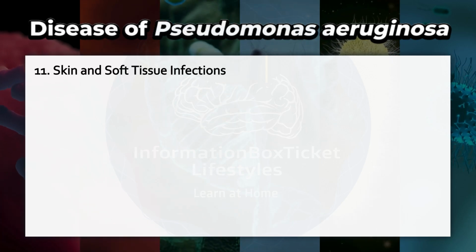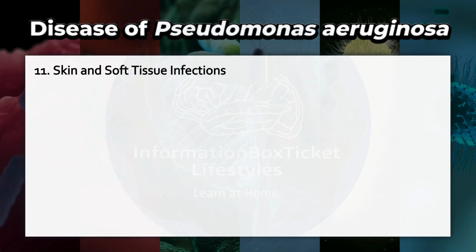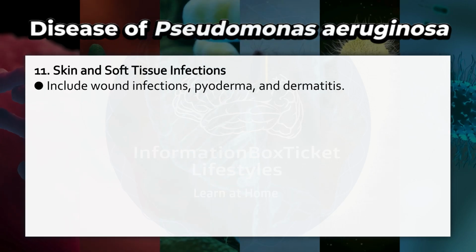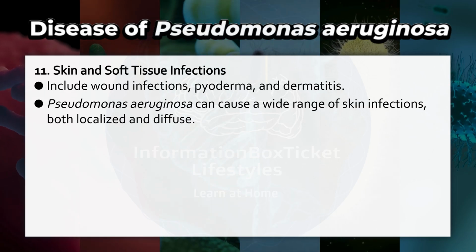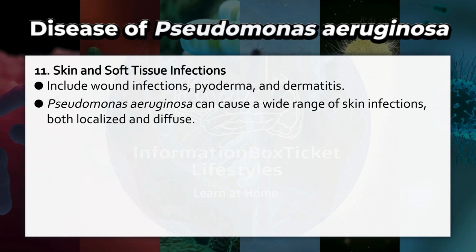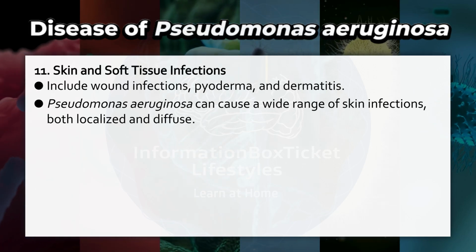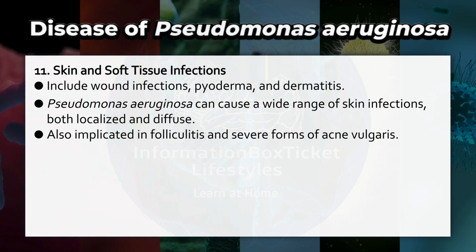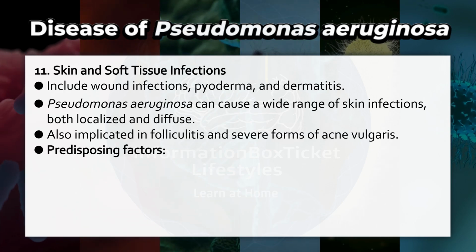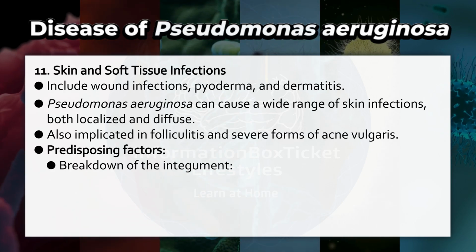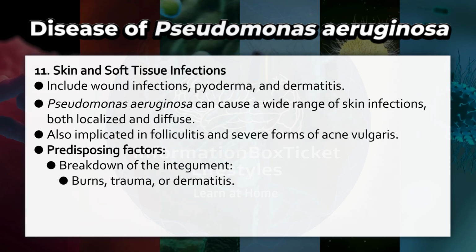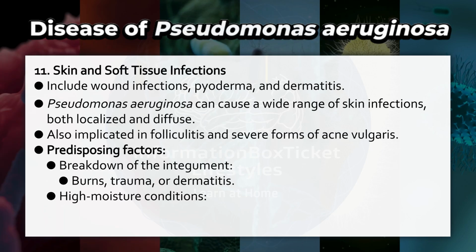11. Skin and soft tissue infections. Include wound infections, pyoderma, and dermatitis. Pseudomonas aeruginosa can cause a wide range of skin infections, both localized and diffuse, also implicated in folliculitis and severe forms of acne vulgaris. Predisposing factors: breakdown of the integument, burns, trauma, or dermatitis, and high moisture conditions.